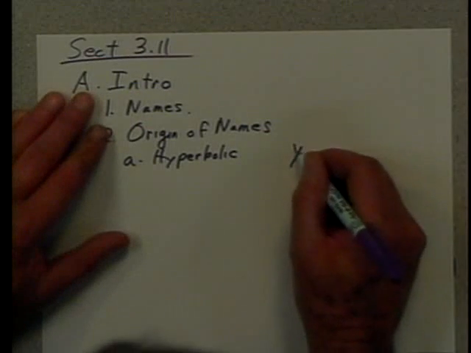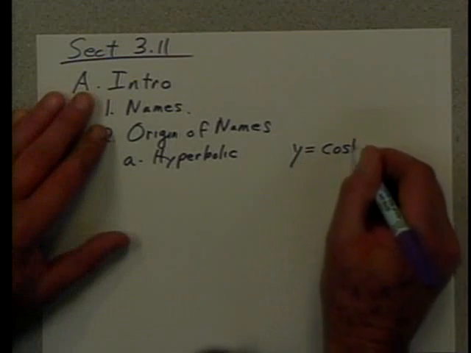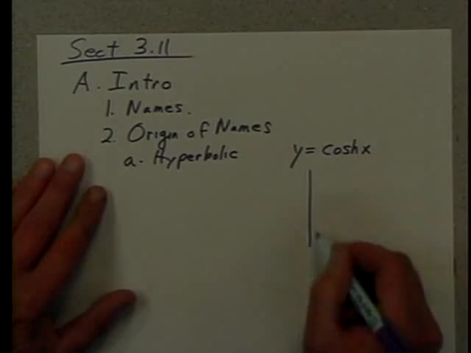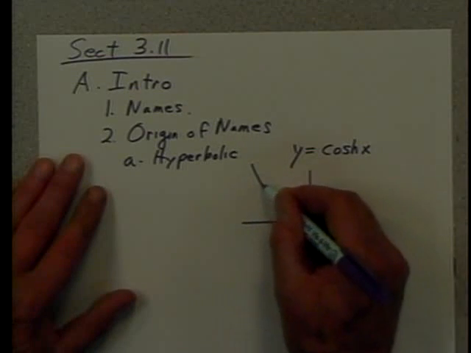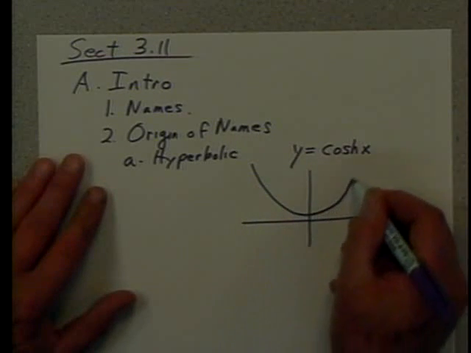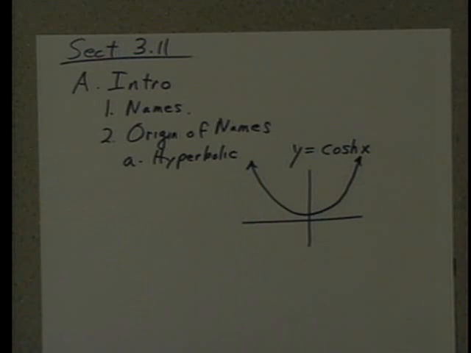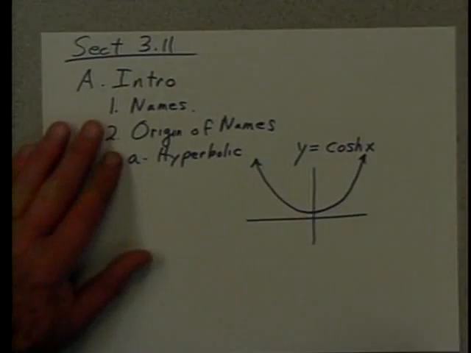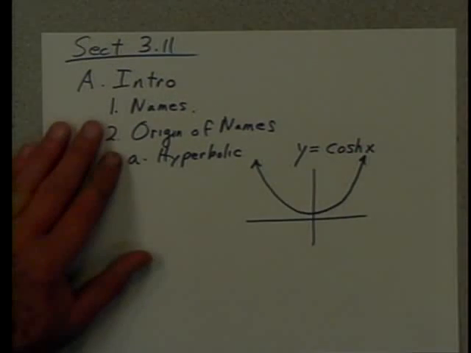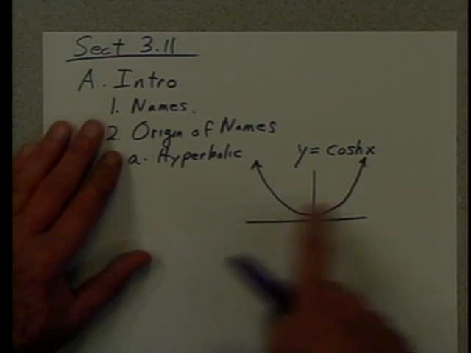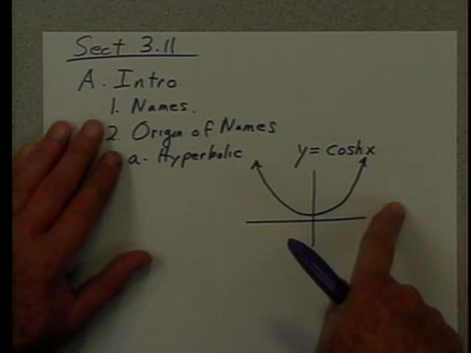Now we did do an example of y equals cosh of x. And it looked a lot like a parabola, but we superimposed the closest parabola we could find on top of it and found they were not following the same path. The question I did not answer was this one. If this is not a parabola, what is that thing?